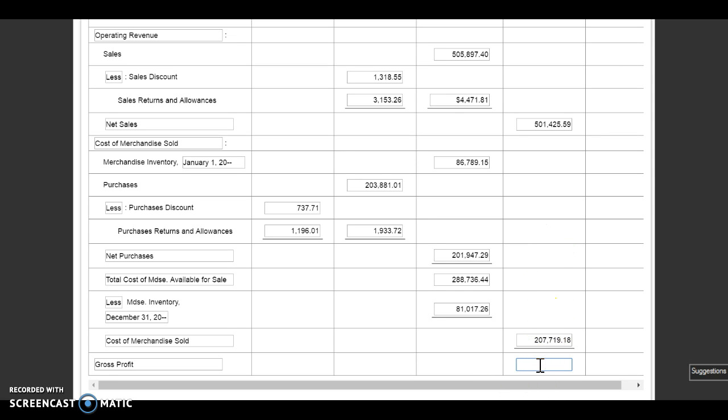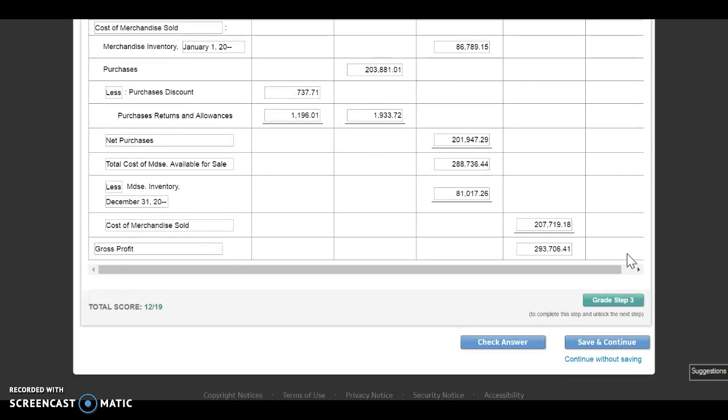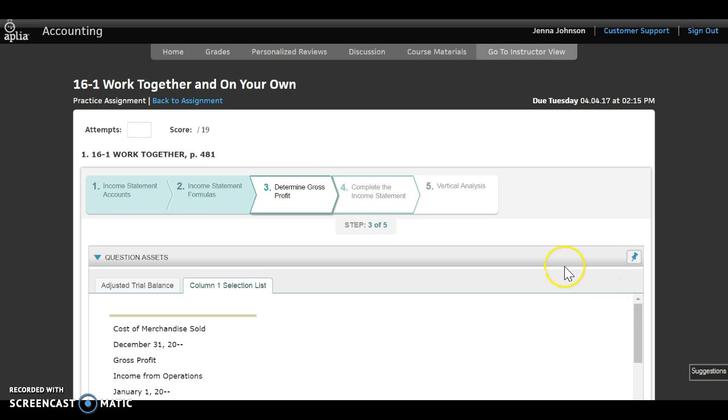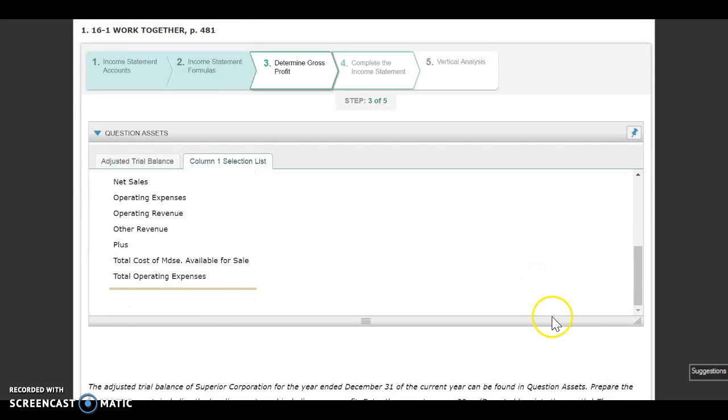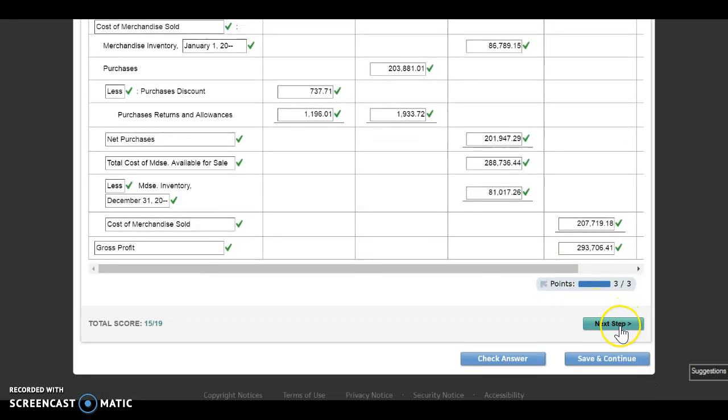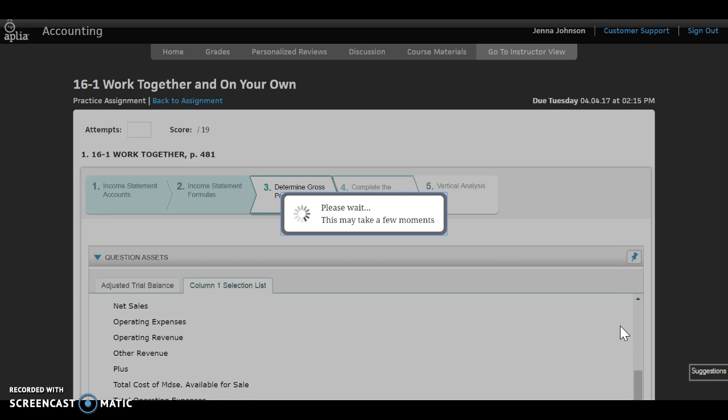So our gross profit should be $293,706.41. Okay, so we're done with that part. We're going to go ahead and grade step 3. Everything looks good. So we'll go to our next step.